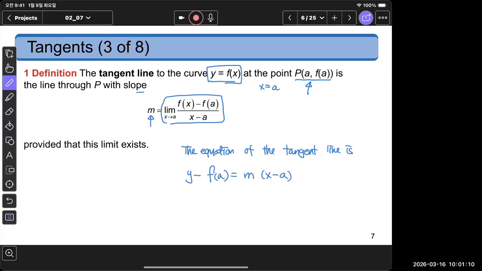So that will be the equation of the tangent line. This equation can be well defined as long as this limit exists.